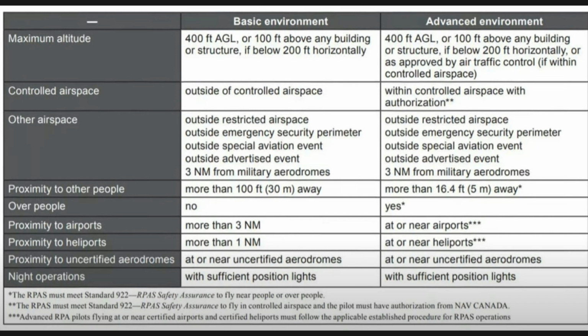If you're looking to fly in controlled airspace, you need to have air authorization from NAV Canada within the controlled airspace. You also need to fly outside restricted airspace, outside emergency security perimeters. This includes first responder points, outside special aviation events, outside advertised events, which you require an SFOC as mentioned earlier, and 3 nautical miles from military aerodromes.